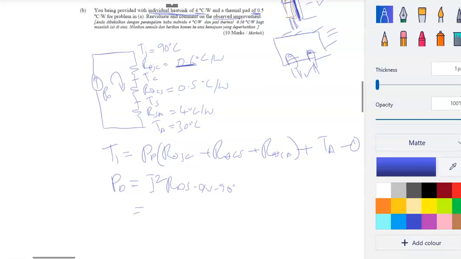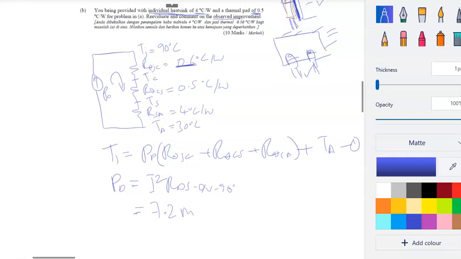You can rewrite here what you have not calculated yet. It is 7.2 milliohm of your RDS on.